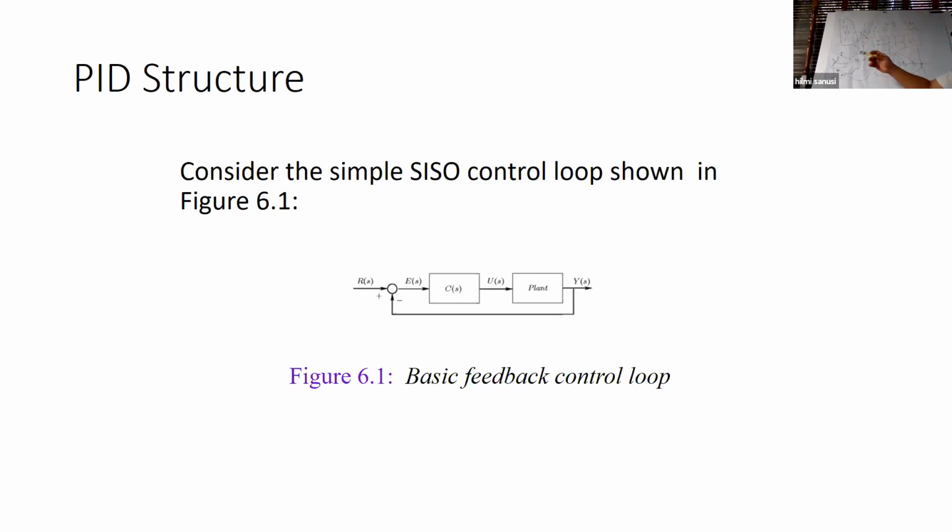Tapi ada satu student saya, Fakhari dari Iran, dia buat this PID controller lah. Kita tune PID controller based on apa dia panggil ni? Based on linear quadratic error juga, tapi kita minimize the error.